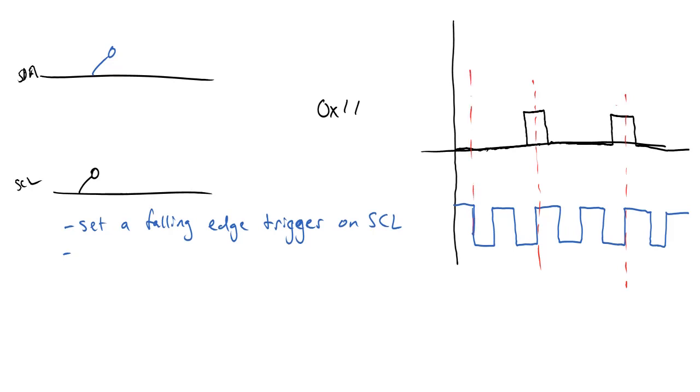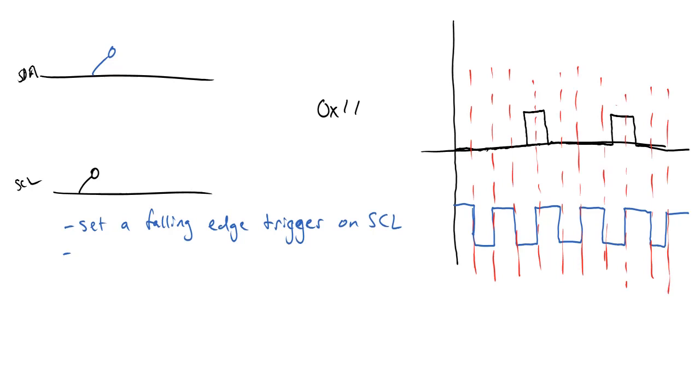Pretty much on each one of these edges is where we're reading the state of the SDA line, because the devices are being triggered by this clock signal.